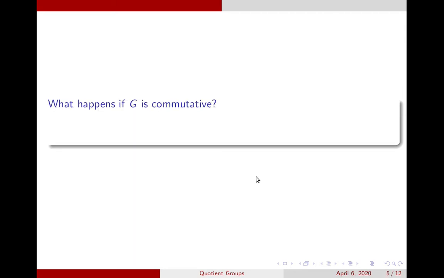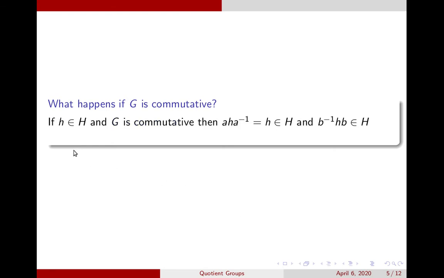Okay, so what happens if G is commutative? Well, if G is commutative and you take an element little h of the subgroup capital H, and A is an element of G, then A times h times A inverse will be h.